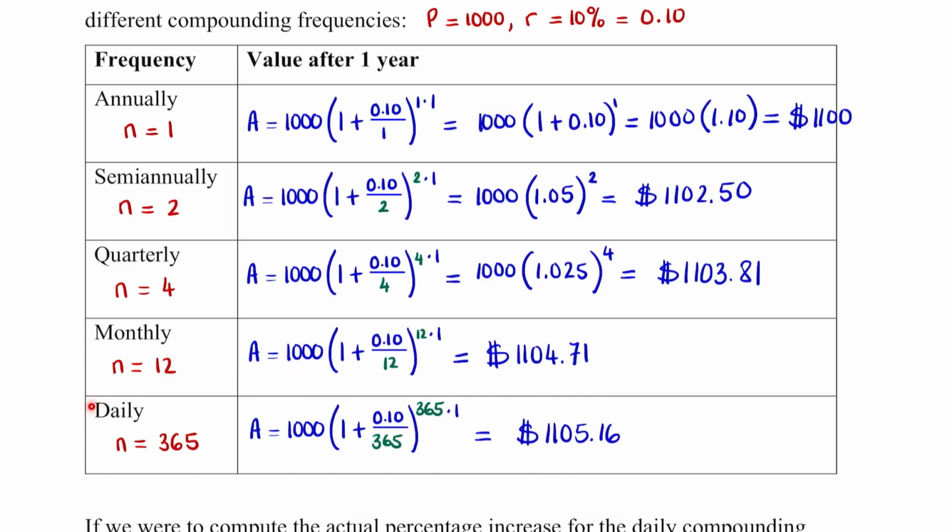When I'm compounding 365 times a year, the amount I have at the end of 1 year is 1105.16, which means my interest is $105.16.